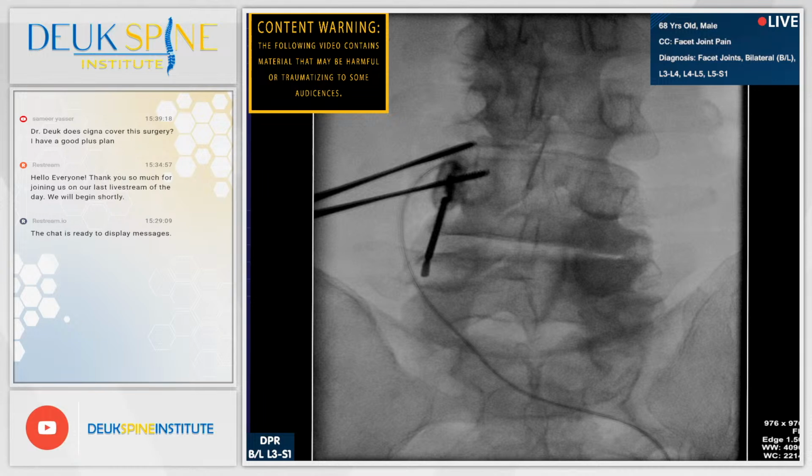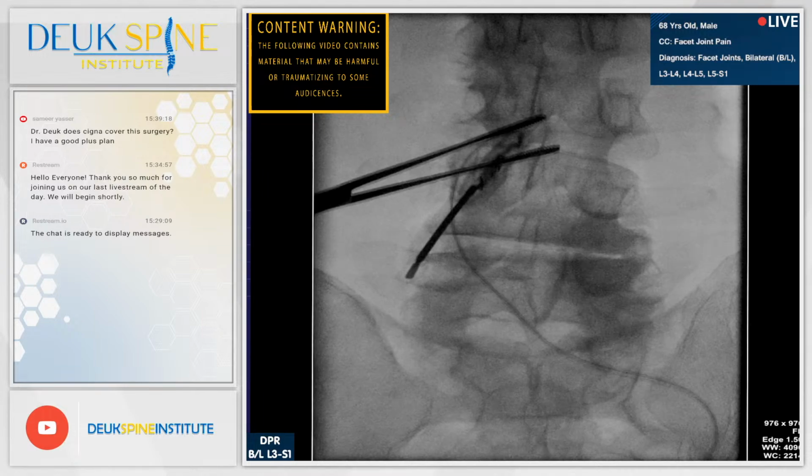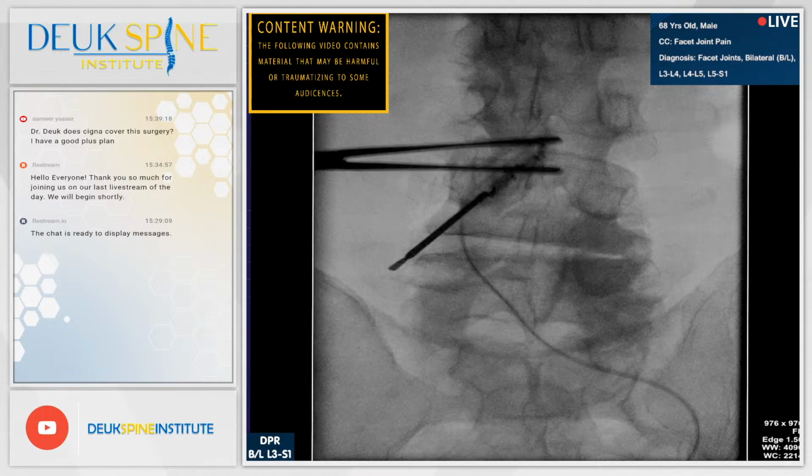Literally, you have to put your probe exactly on top of the bone if you want to have a chance of getting rid of the pain. So you got to feel with your fingers. And that's what I'm trying to do right now. See, that's a transverse process right there. You want to be killing the pain nerve right in that area.